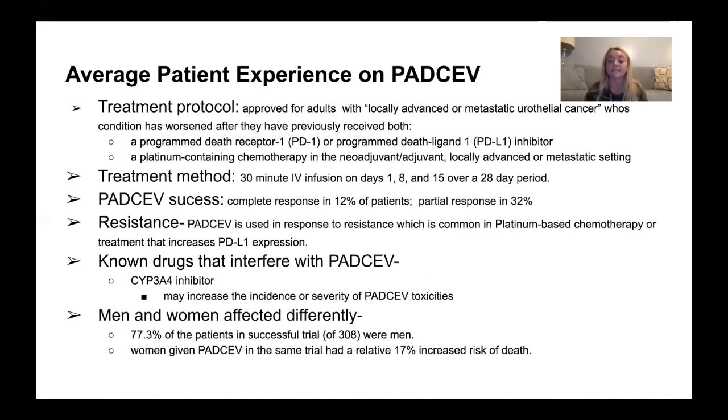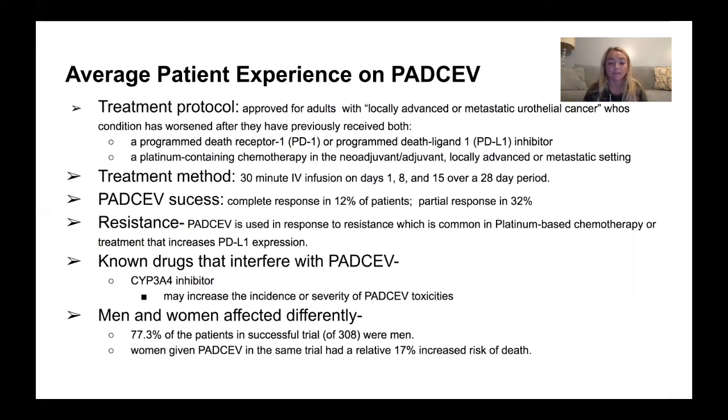As far as resistance in Padcev, it's not very known. It's actually an answer to resistance in the two prior things, which are platinum-based chemotherapy and a PD-L1 expression, which Padcev actually goes and targets. And known interference would be a CYP3A4 inhibitor, which can increase the incidence or severity of the toxicities that Padcev has.